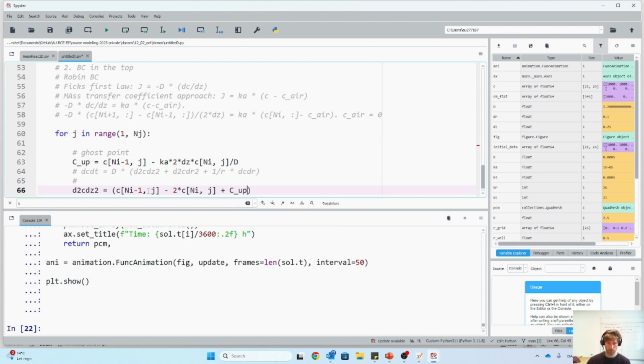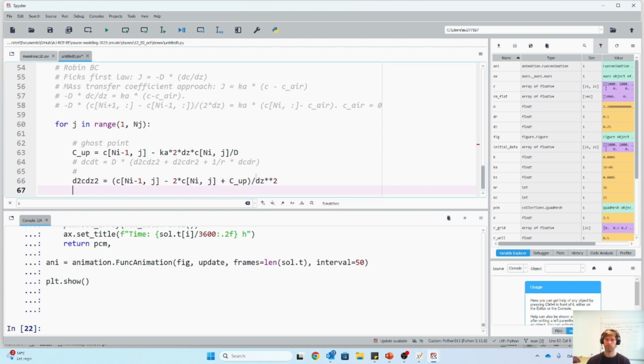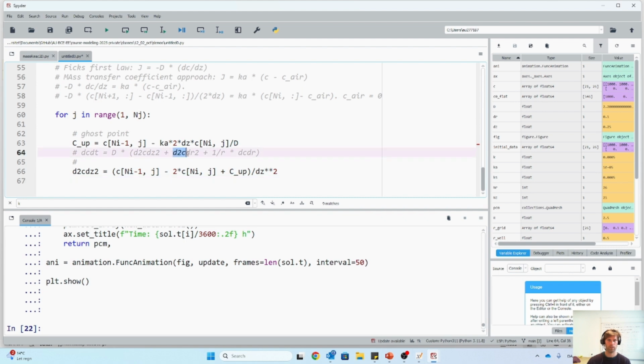And here we would have ni plus 1, but that is outside the domain, and we substitute with this one, the ghost point that we isolated. Then for this part, just copy.